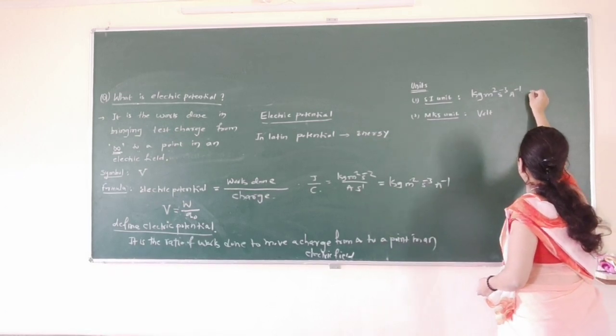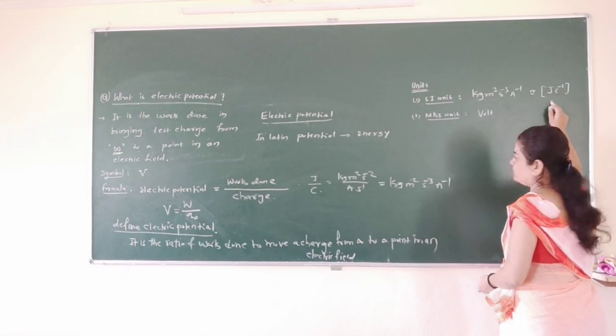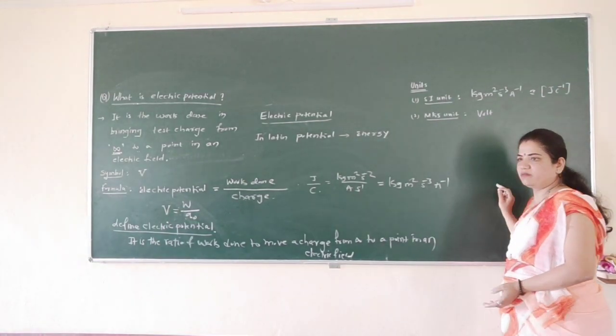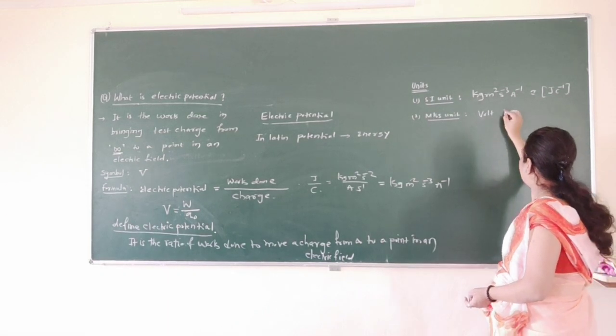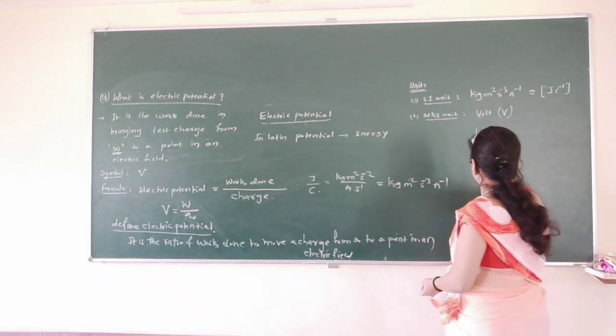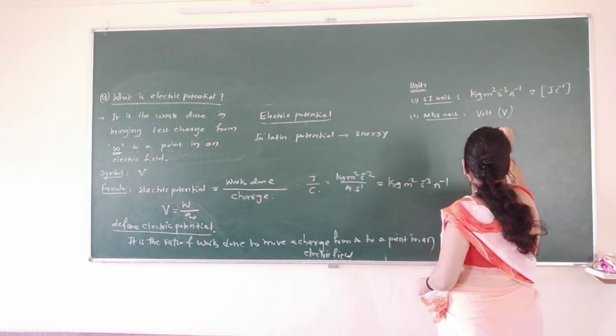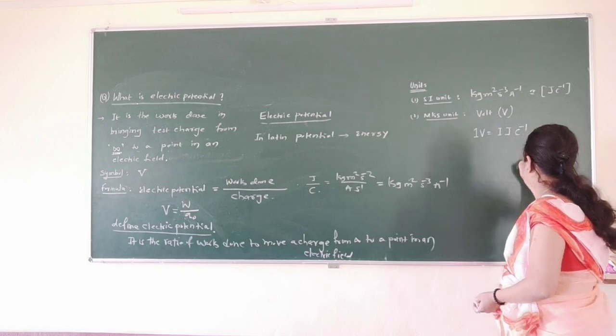Here you can write joule per coulomb also. The MKS and the SI are the same. Volt, its symbol is V. 1 volt equals 1 joule per coulomb.